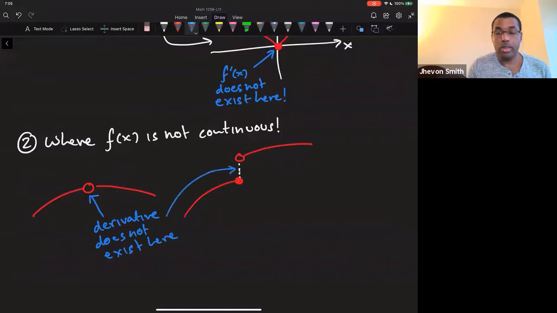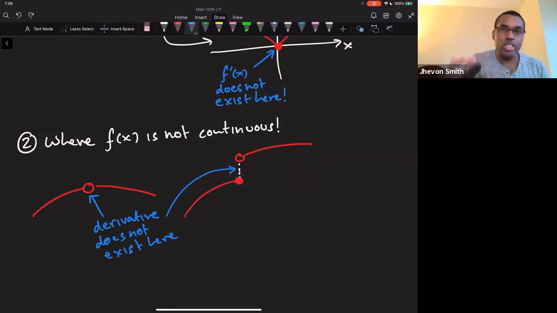Doesn't exist here either. Why? It's a hole. No matter how much you zoom in on a hole, it's a hole. It's never going to look like a straight line. It's a gap. It's always going to be a gap, right? Similar with a jump. You'll never make a gap in a function look like a straight line.